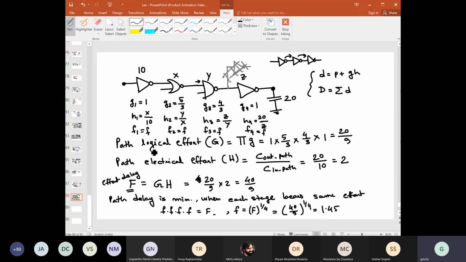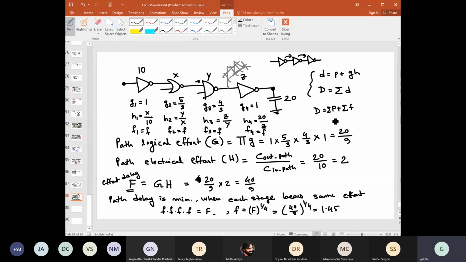So now you know what the effort of each individual stage or gate will be. Once you know this, the total delay is equal to the sum of the parasitic delays plus the sum of the effort delays for each individual stage.